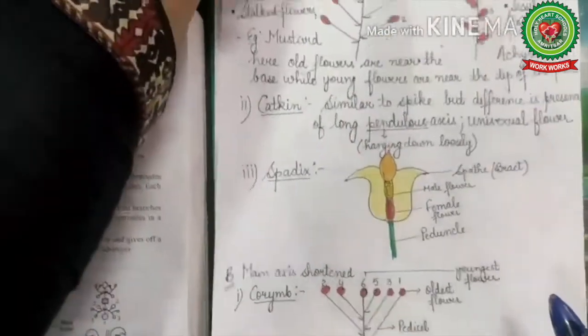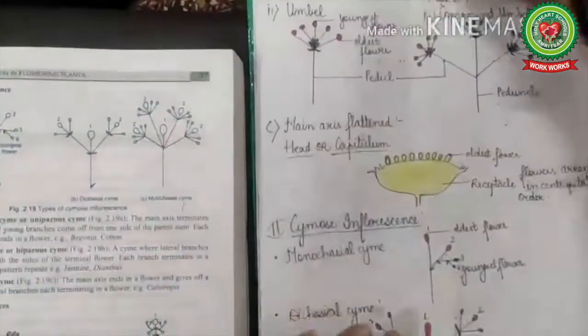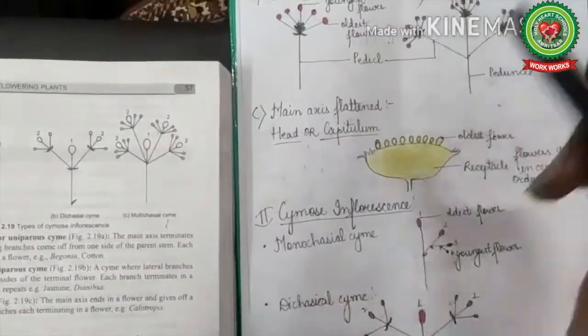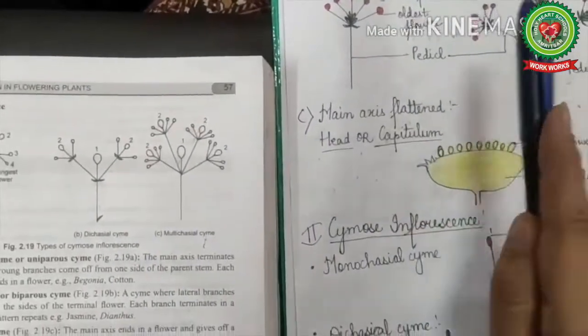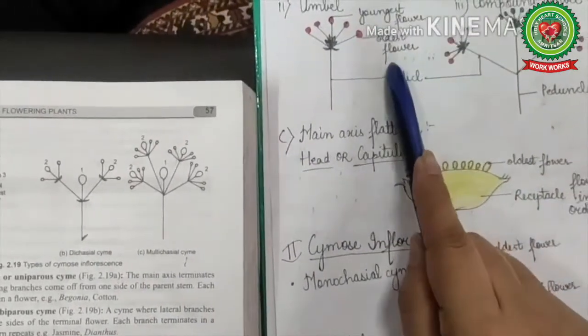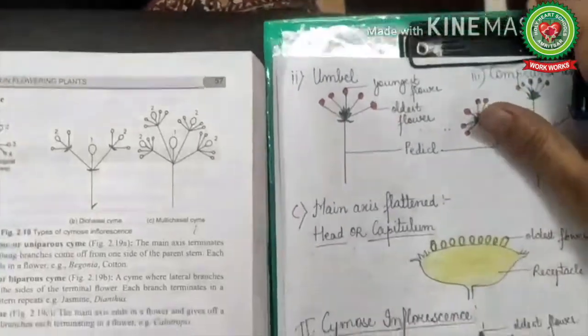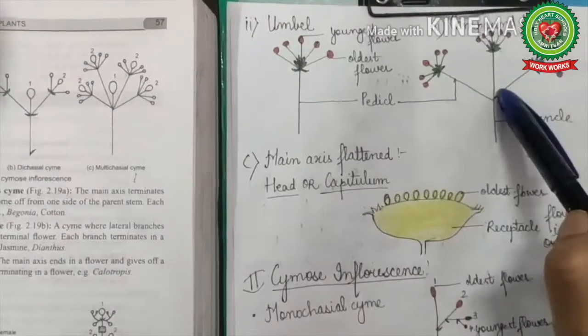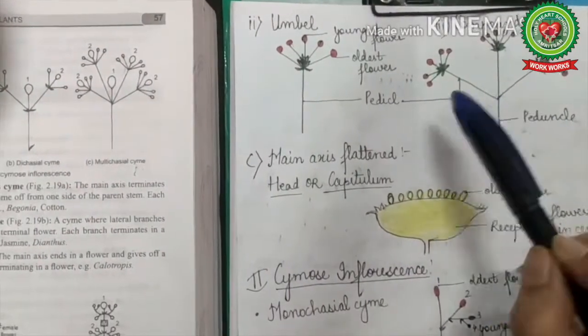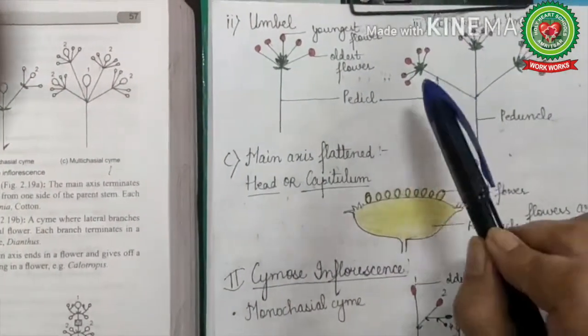Now we'll continue with the topic. The next one is umbel. Now there are two types of umbel. One is umbel only, the other one is compound umbel. The diagrams are clearly visible. In case of umbel, it has a very shortened and suppressed axis.